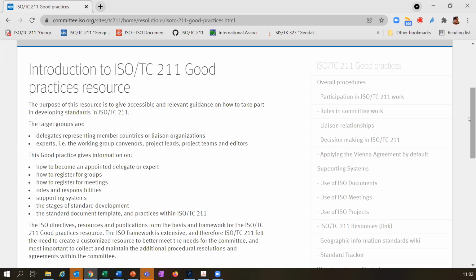But again, by that account, we also have a lot of standing documents, the N documents in ISO documents, that have a lot of useful information that also discuss how we work and the things we need to do in certain steps. So then we started to incorporate those as well into the TC211 good practices.